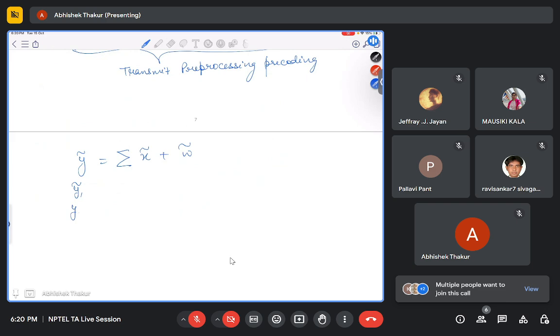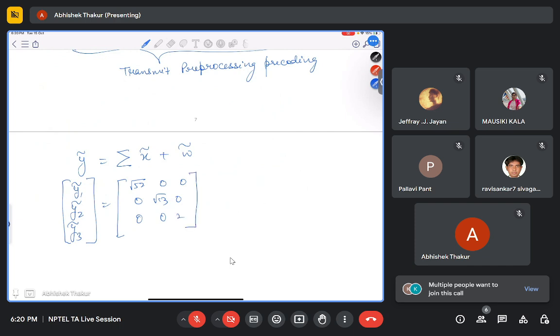So this is y1 tilde, y2 tilde and y3 tilde, given as the singular value matrix, that is root 52, 0, 0, 0, root 13, 0 and 0, 0, 1, times x tilde, plus the noise, that is w1 tilde, w2 tilde and w3 tilde.